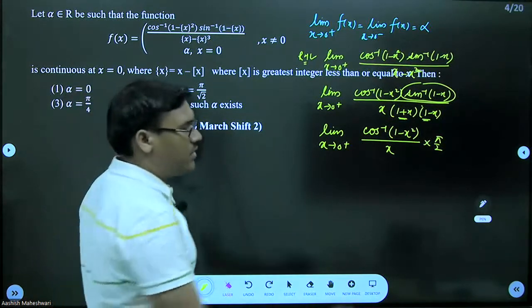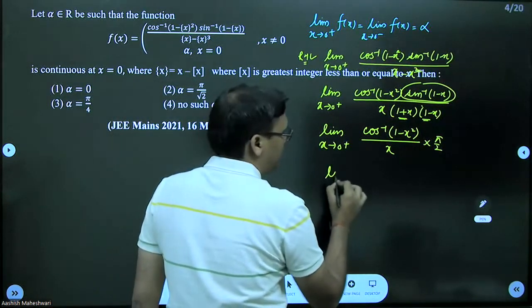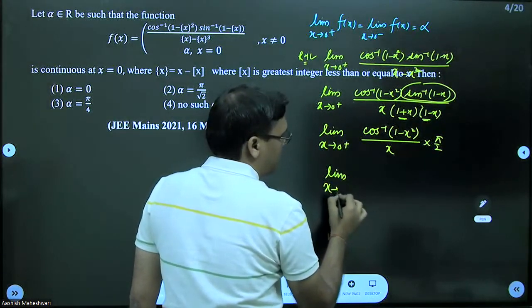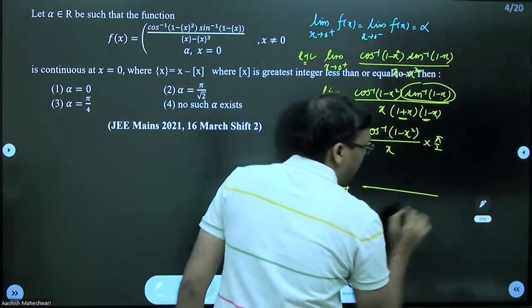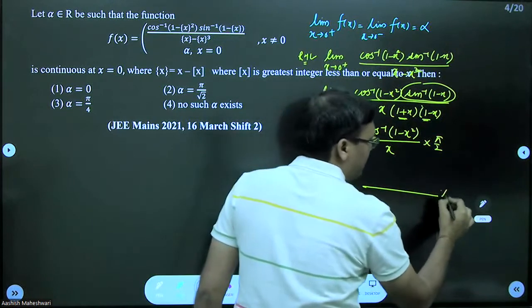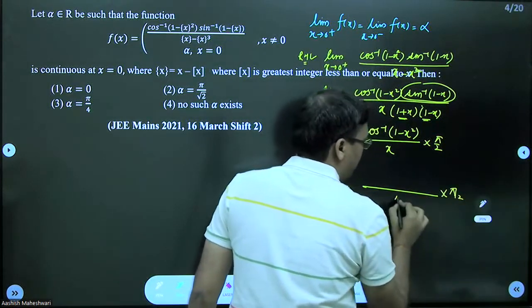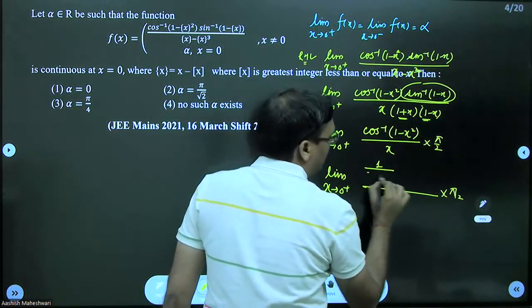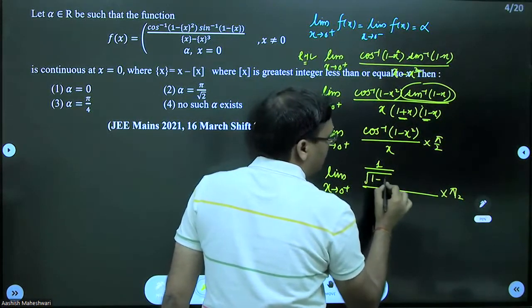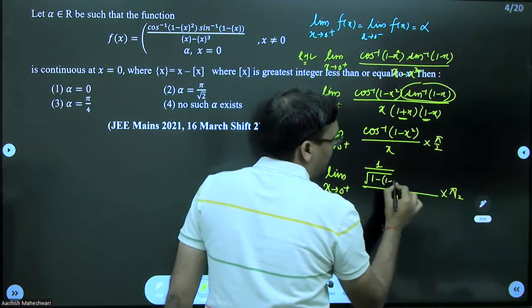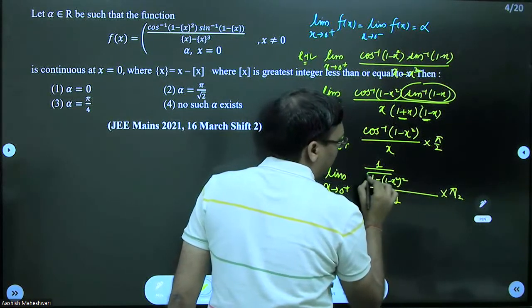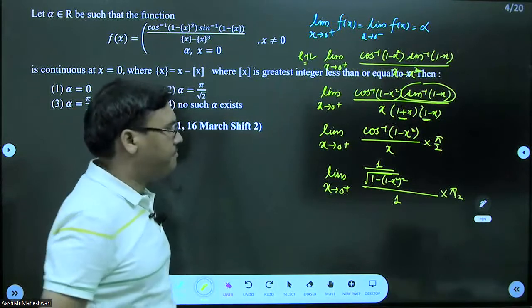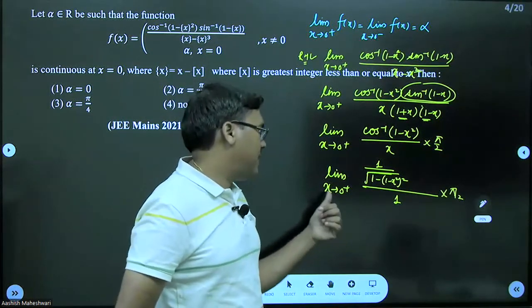Otherwise, what you can do is directly differentiate this. This is limit x approaches 0 plus, we are applying L'Hopital. Okay. This is pi by 2, which is constant. This derivative is 1, and differentiating the other one, this is 1 upon under root of 1 minus x square whole square. Check it. Okay. We differentiated as x approaches 0 plus.